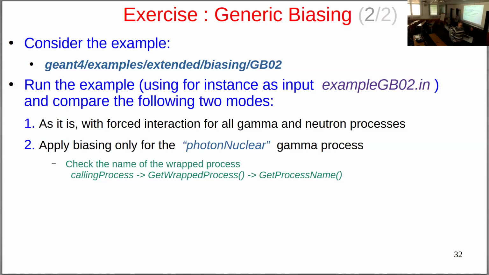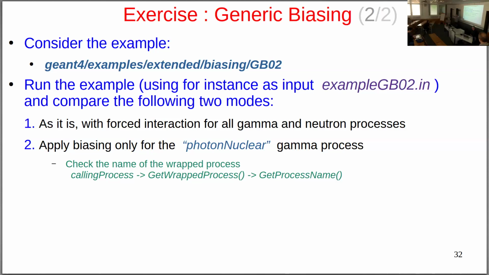So when we were talking about the force collision generic biasing, you were talking about thin layers, right? Yes. So how thin could this target be? The realistic ones, for instance thin target validation, are typically millimeters. Half a centimeter, a millimeter, 2, 3. This is the typical scale.